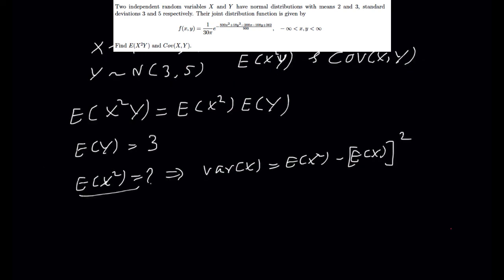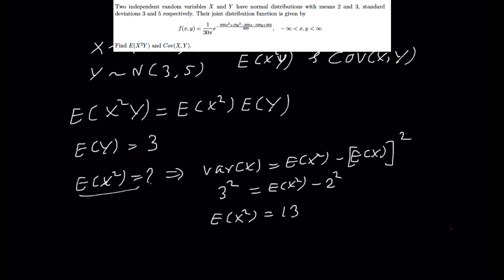Standard deviation of x is 3, therefore the variance of x is 3 to power 2. Expected value of x to power 2 minus expected value of x, which is 2, then 2 to power 2. So expected value of x to power 2 equals 9 plus 4, 13.